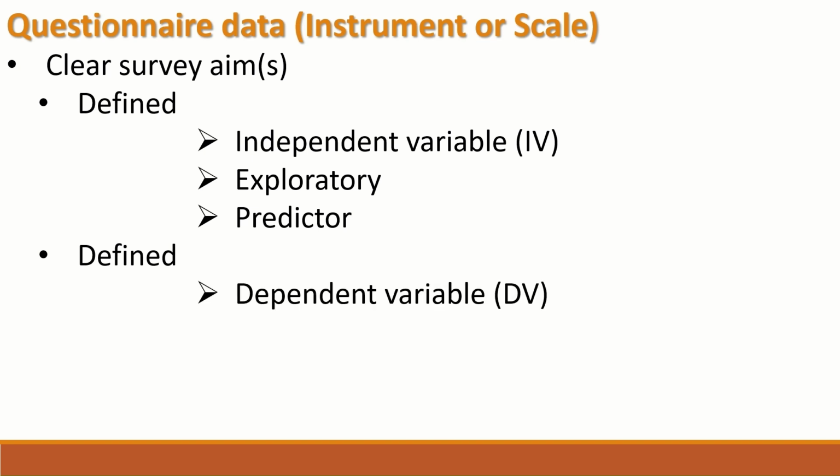And also from the aims, it will be essential to determine the dependent variable, which is the outcome, and that can also be called the response. So it is very important to have a clear objective or aims from performing or distributing the questionnaire and then collecting the data.